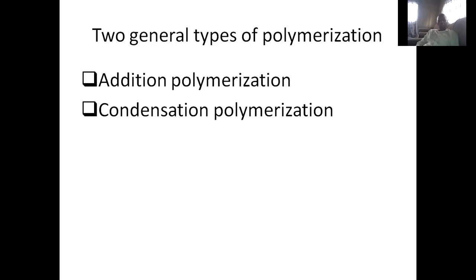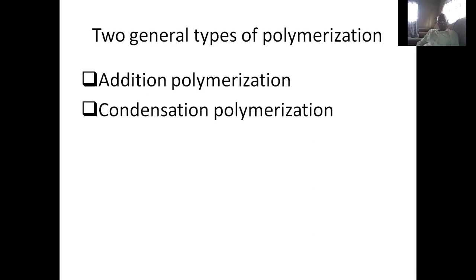And so today we'll basically look at condensation polymerization, where the monomers as well join together to form a polymer. But in the process of this combination of the monomers, we remove small molecules.